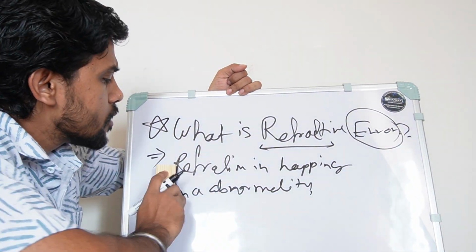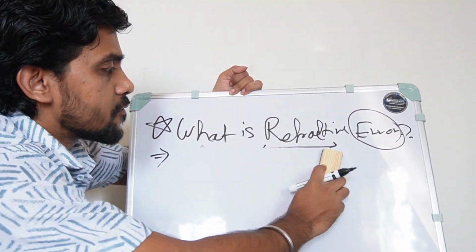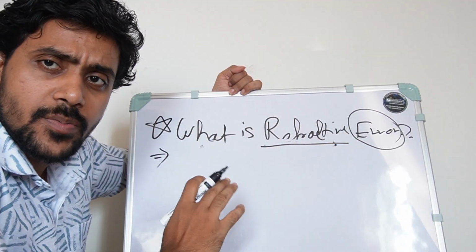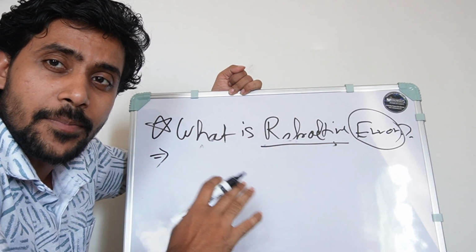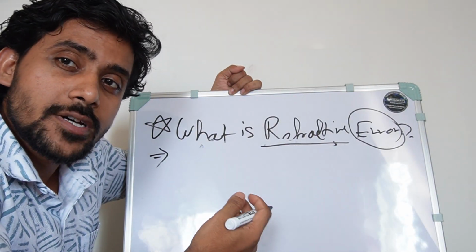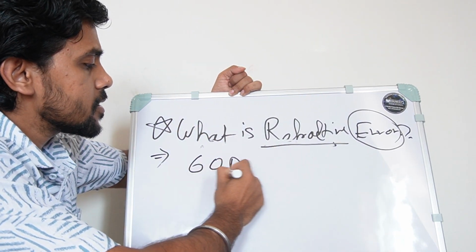Now we know the total dioptric power of the eye. I hope you people know what is the total dioptric value of eye, right? Total dioptric value is total power of eye, that is 60 diopter, right?